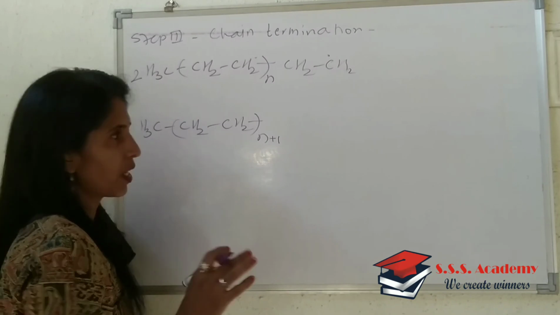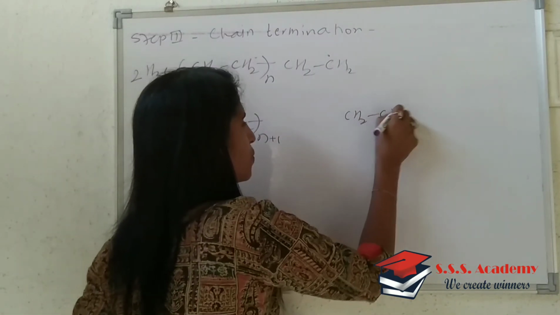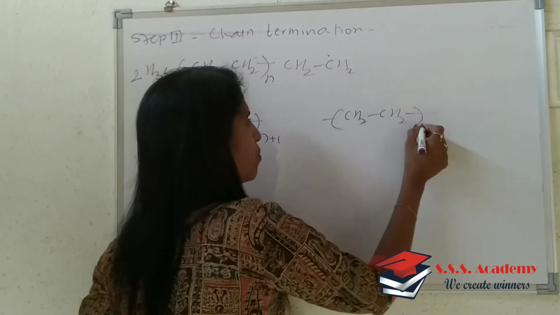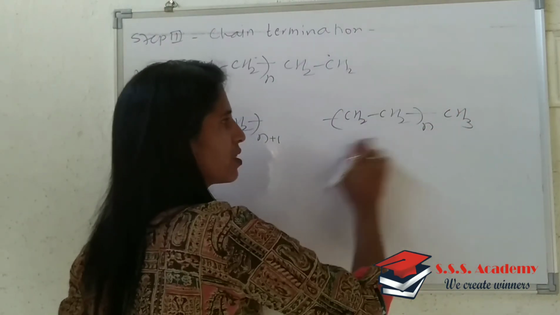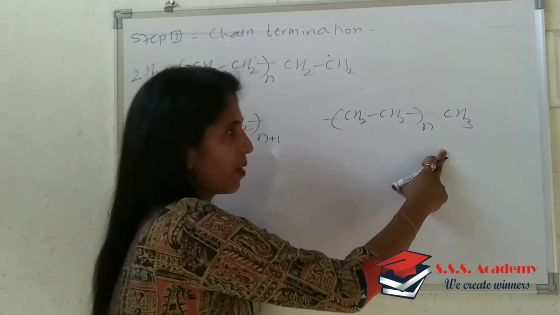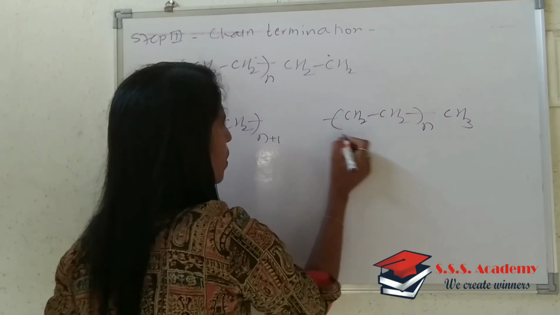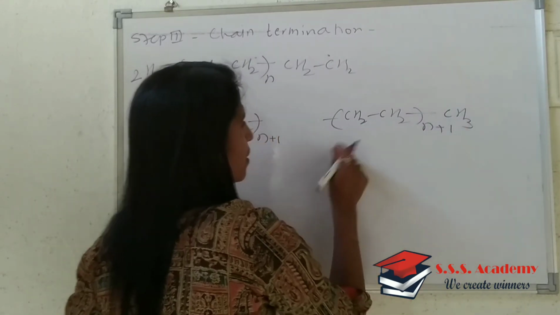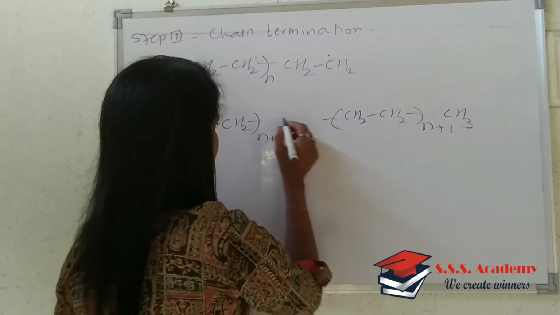Is it clear? Okay. And there is one more, because we have taken n moles of that long chain free radical. So this is the second unit, right? But with this, there is one more CH2, CH2. Therefore, what I will write is n+1, and therefore the reaction is like this.